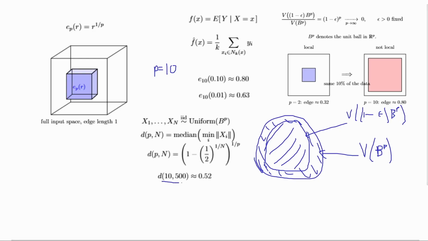And what this is saying is that across all of the 500 data points, the closest point to the center is on average already more than halfway to the edge of the ball. So that's saying that most of the points are closer to the edge than to the center.